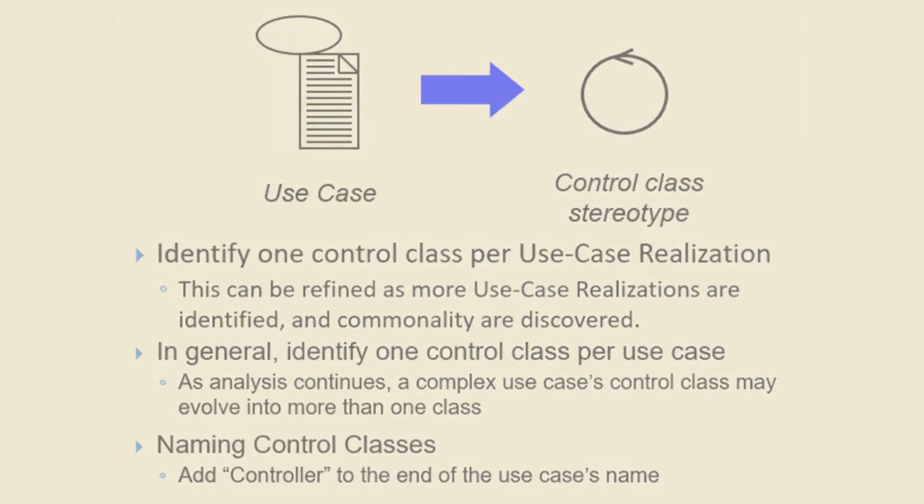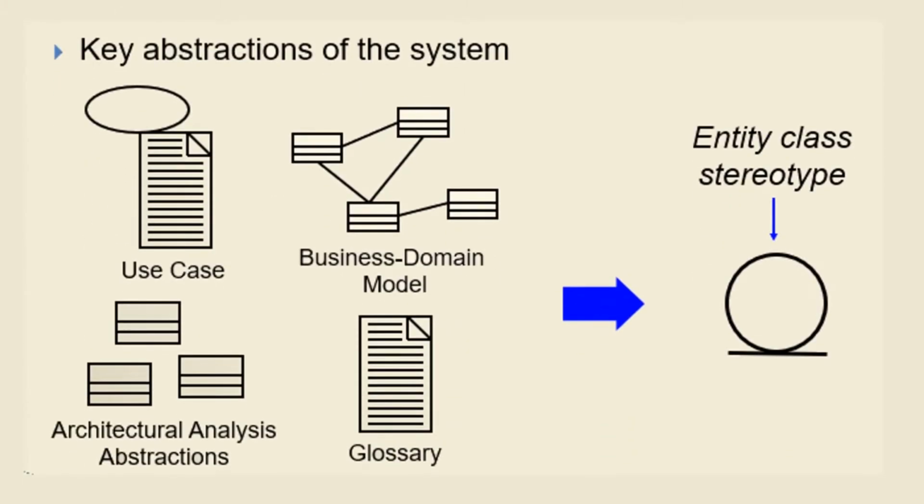Now, an entity class represents stores of information in the system, which are usually persistent and is used to represent a key concept that the system manages. They can be identified from the use cases, the business domain model, the architectural analysis abstraction, or even the glossary.